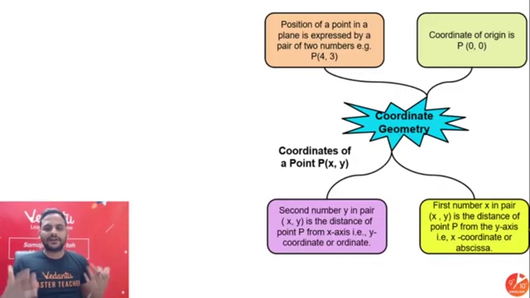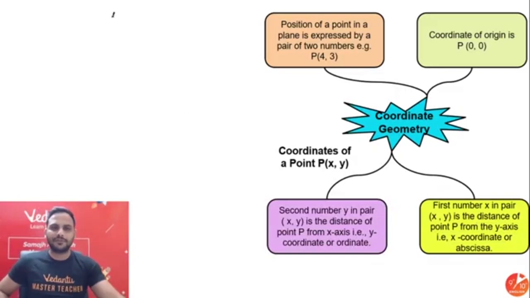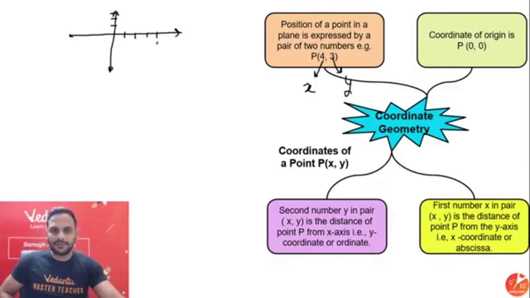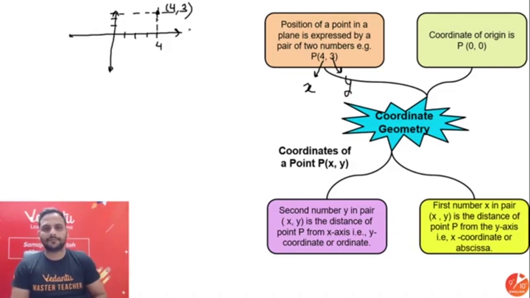But whenever we are looking at the coordinates, normally we use the shortcut method. Suppose if I have to plot 4 comma 3, so 1 2 3 is over here, 1 2 3 4. I know x is 4, y is 3. So instead of looking in the distance term, what I'll do, from x equal to 4, draw a line, and from y equal to 3, draw a line, wherever both will intersect, that will be the required point 4 comma 3.